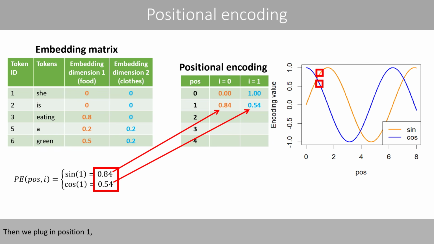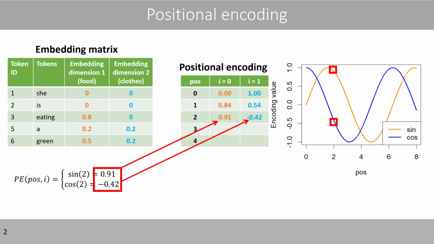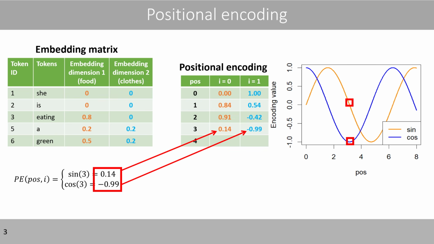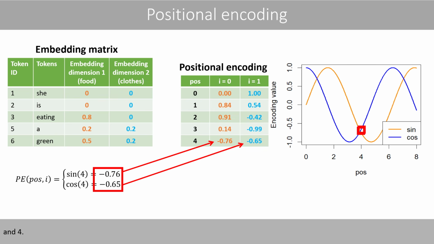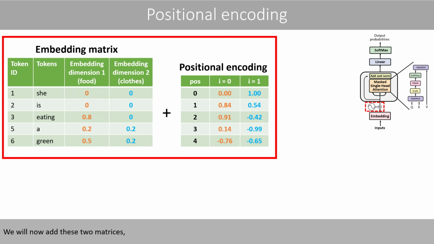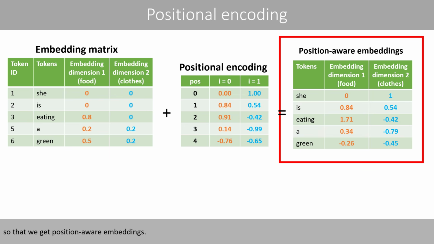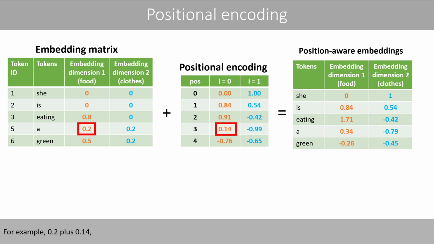Then we plug in position 1, 2, 3, and 4. We will now add these two matrices, so that we get position-aware embeddings. For example, 0.2 plus 0.14 is 0.34.